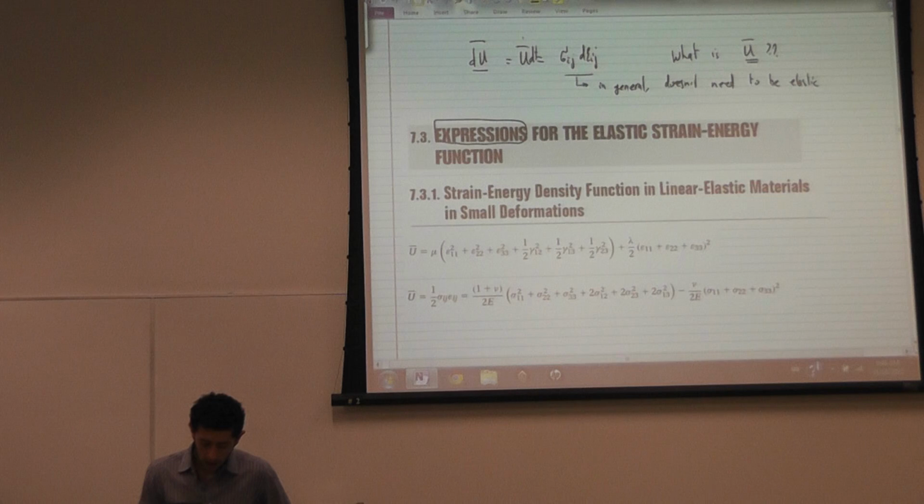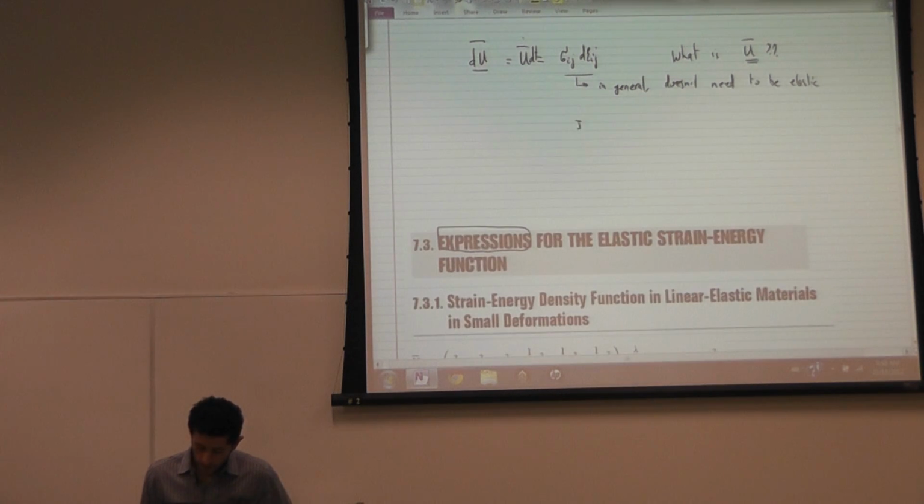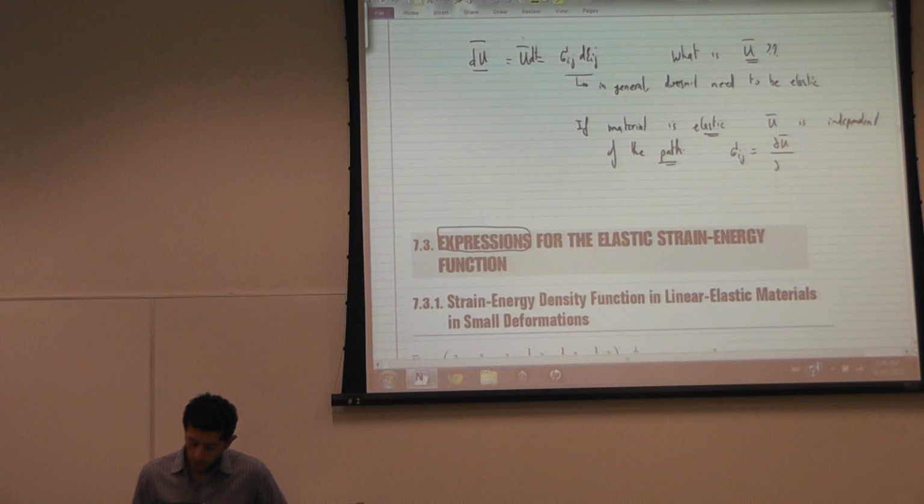But if the material is elastic, then the total energy is independent of the path, which means sigma ij has to be equal to partial u by partial epsilon ij.